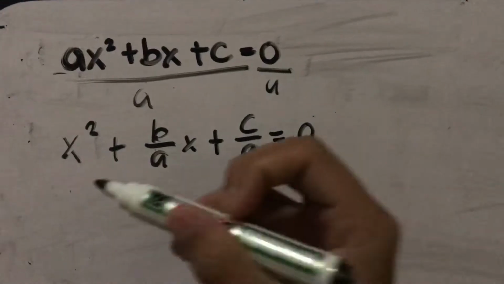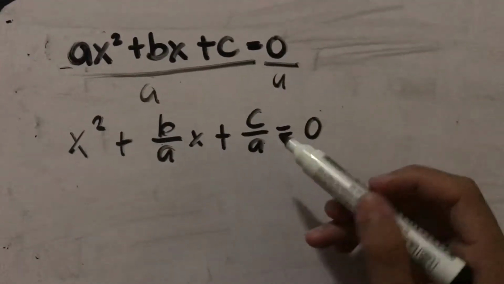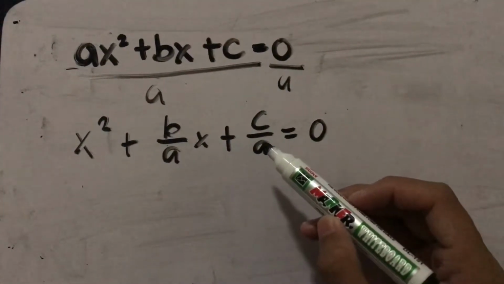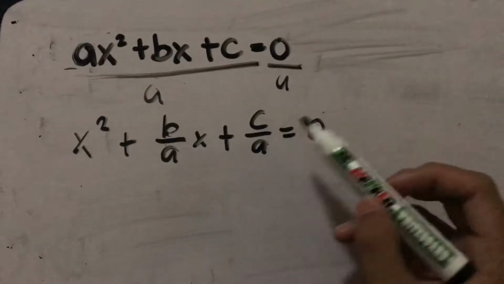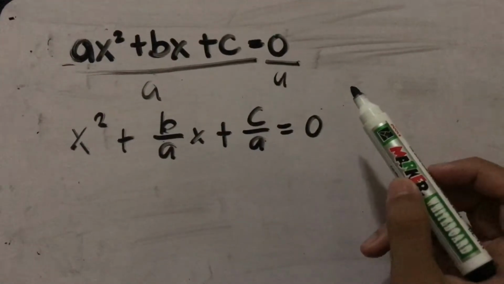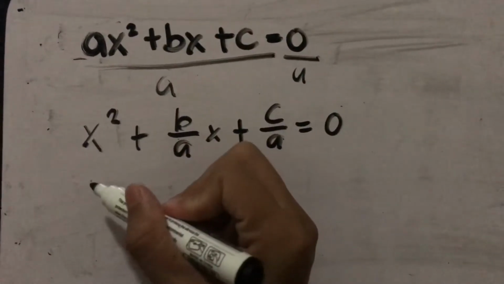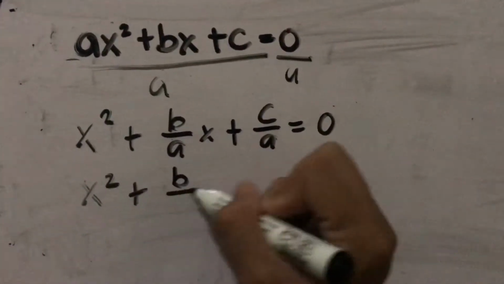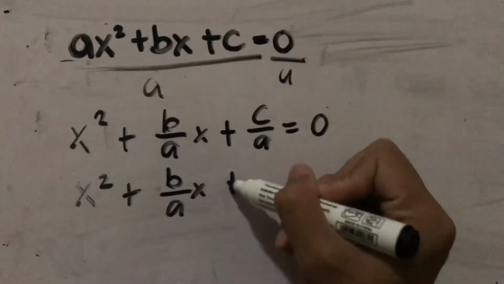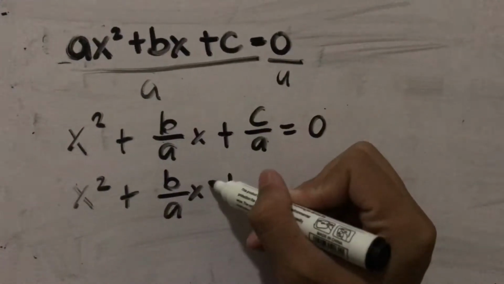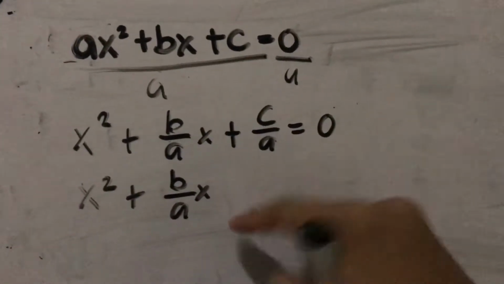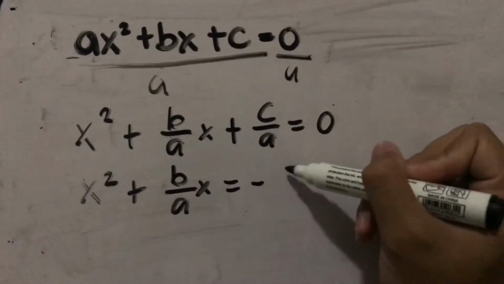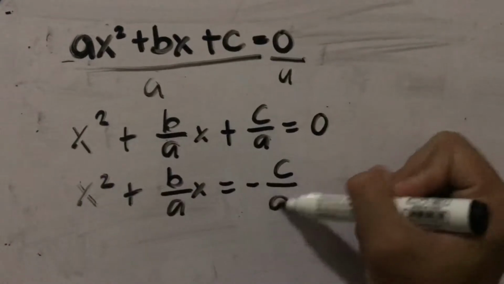So after that, we need to lipat this c over a. We are considering it a constant, so x squared plus b over a x equals negative c over a.